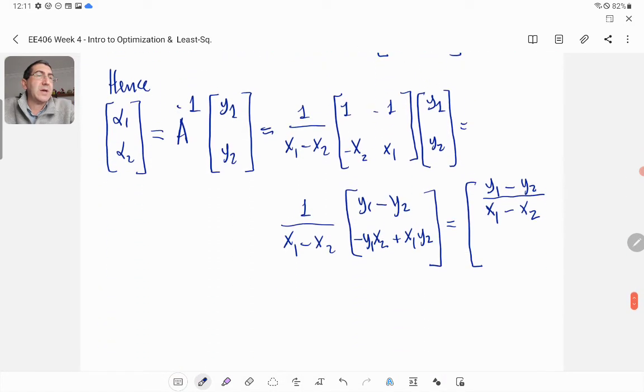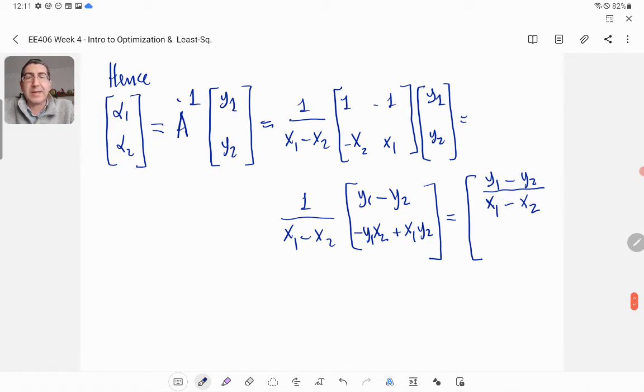So you see that here we have the slope of the line emerging from this calculation. Similarly, over here you have simply x1 y2 minus x2 y1 over x1 minus x2.